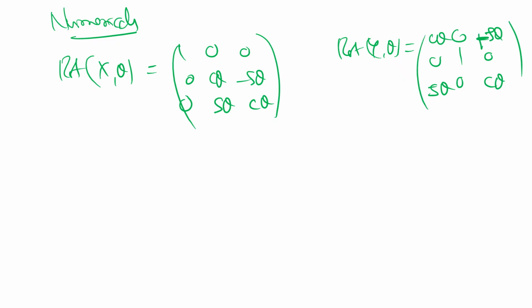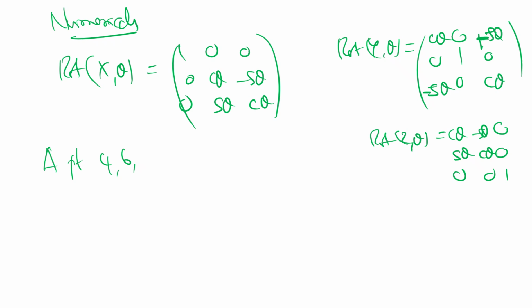Then rotation about y by theta equals cos theta, 0, sin theta; 0, 1, 0; minus sin theta, 0, cos theta. Here the minus is placed differently. Then rotation about z by theta equals cos theta, minus sin theta, 0; sin theta, cos theta, 0; 0, 0, 1.